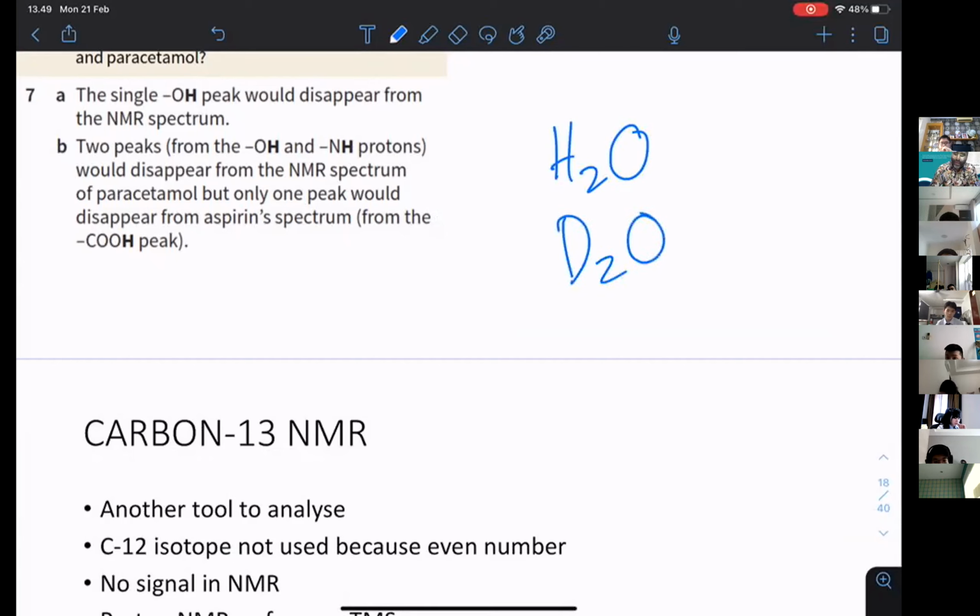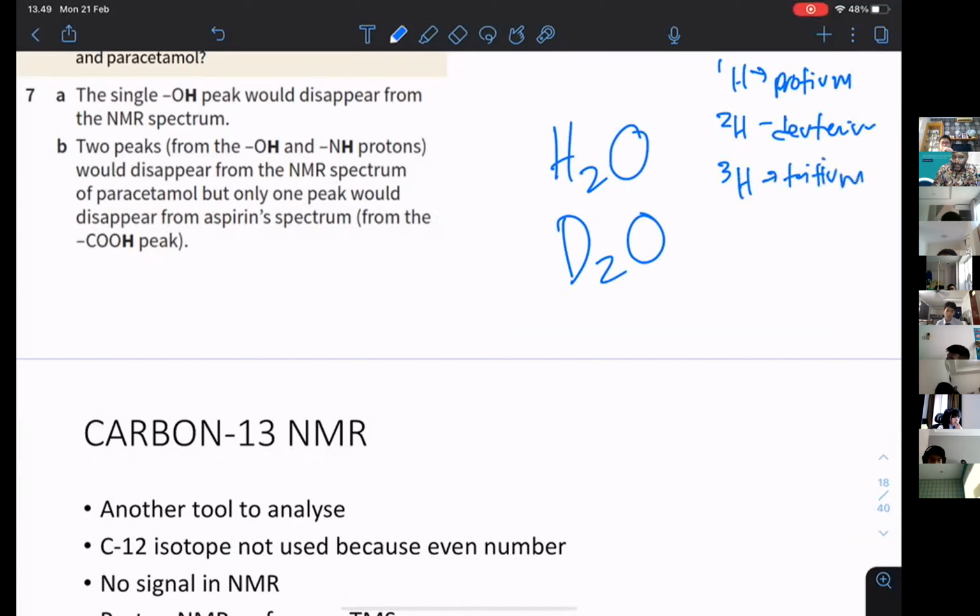Hydrogen, they have hydrogen 1, hydrogen 2, hydrogen 3. They are called protium, deuterium, and tritium. So deuterium, rather than writing it as H, they write it D. So it's still water.